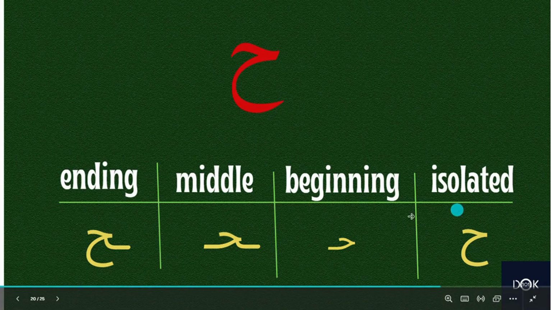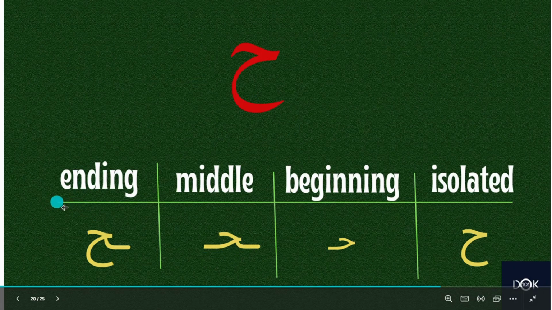And the four forms of this letter are exactly like the letter Jim, which is a complete Ha when it is written in an isolated form. Only the head of the Ha is written when it is written at the beginning of the word, and when it comes in the middle of the word, it is connected from both sides, that is connected to the letter prior to it as well as to the letter after it.